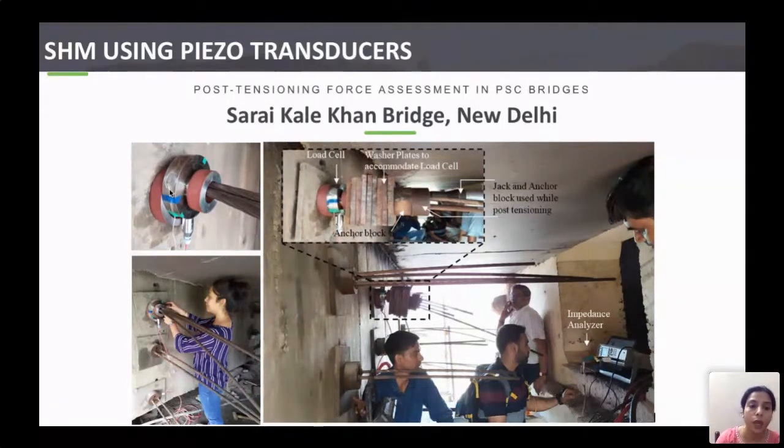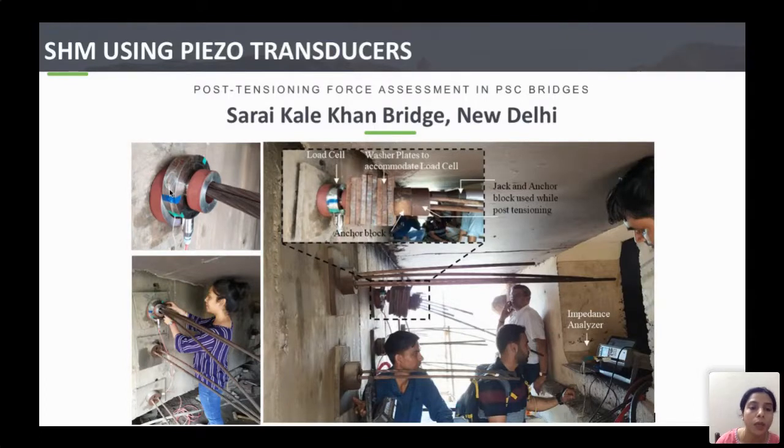Remember, in the beginning I told you that any sensor will not give you the structural parameters. You have to calibrate it. As the commercial load cell is converting the strain to the load value, in the same way our piezo sensor is also not giving me the load value.